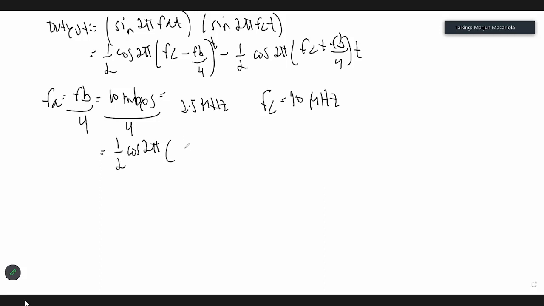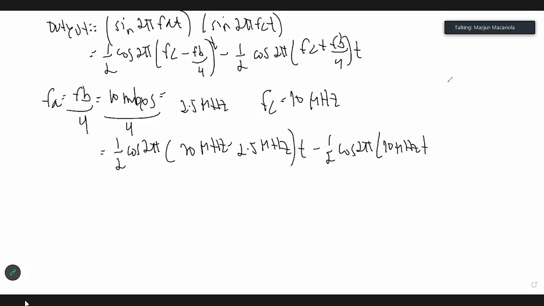So this will be equal to 1/2 cosine 2 pi 70 megahertz minus 2.5 megahertz T minus 1/2 cosine 2 pi 70 megahertz plus 2.5 megahertz T. Okay?